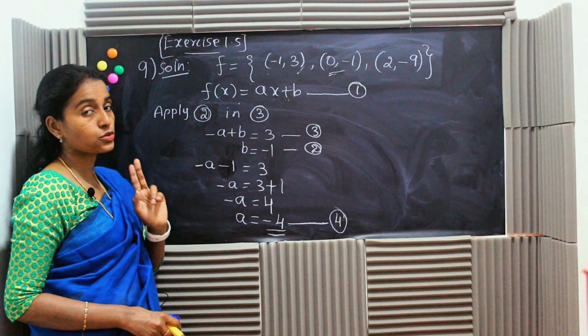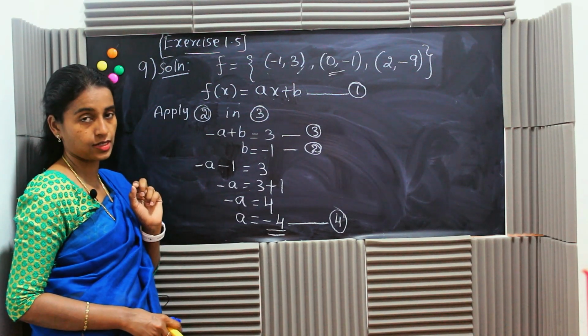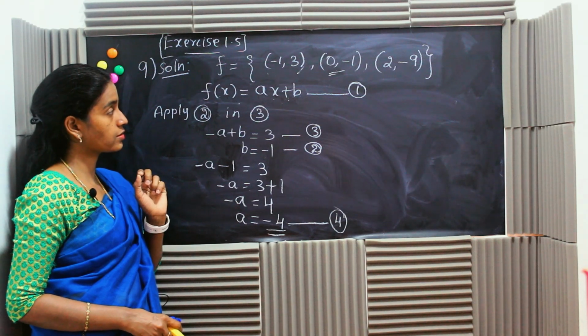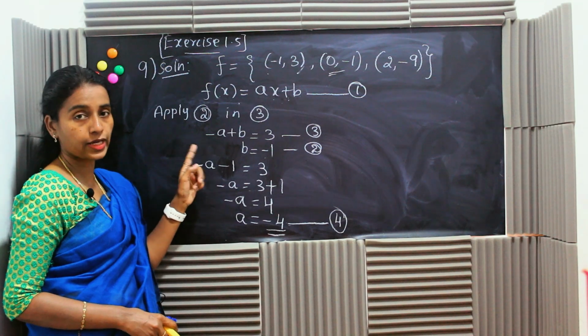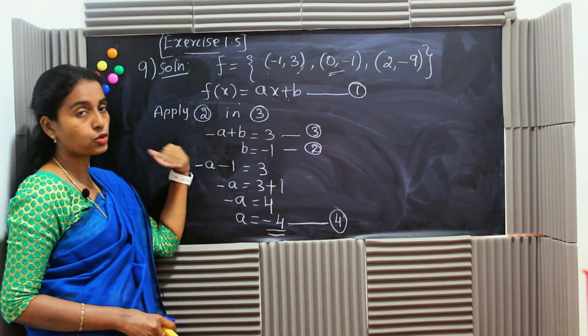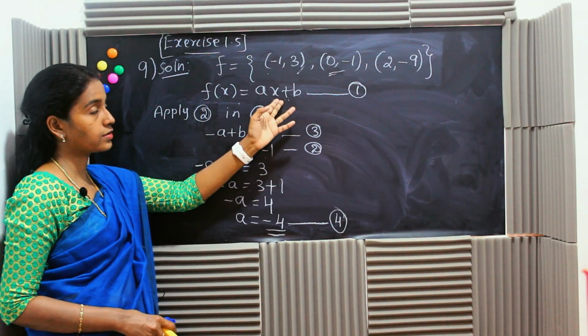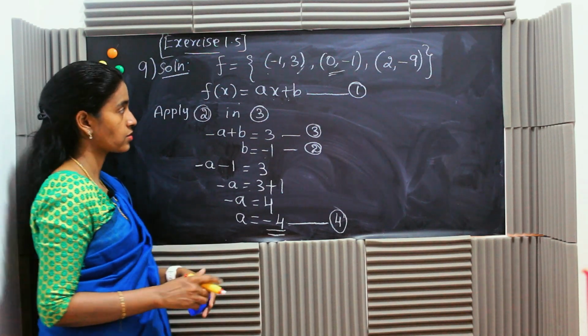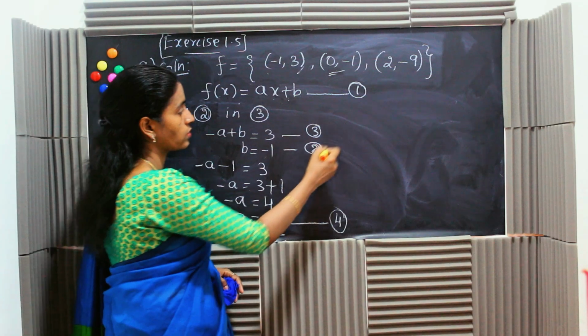Our goal is to find out the value of f of x, and that's why we are trying to find out the value of a and b. After finding a and b, we should apply those values in this common formula, then we will be getting the answer. So here a value is -4, b is -1.